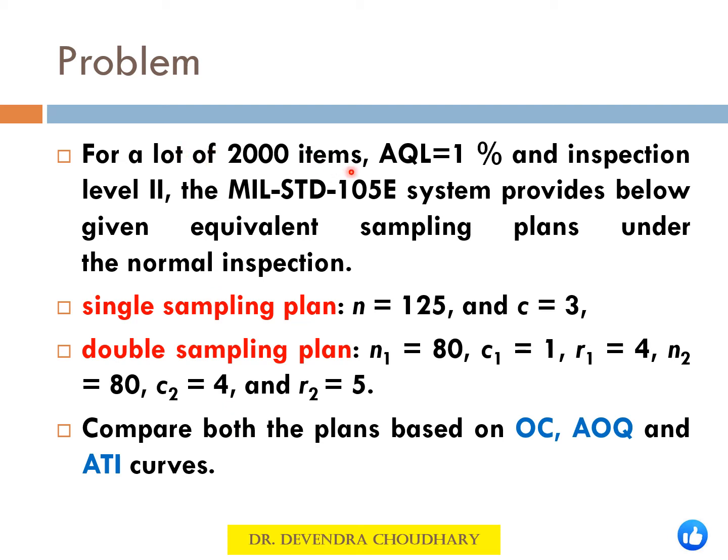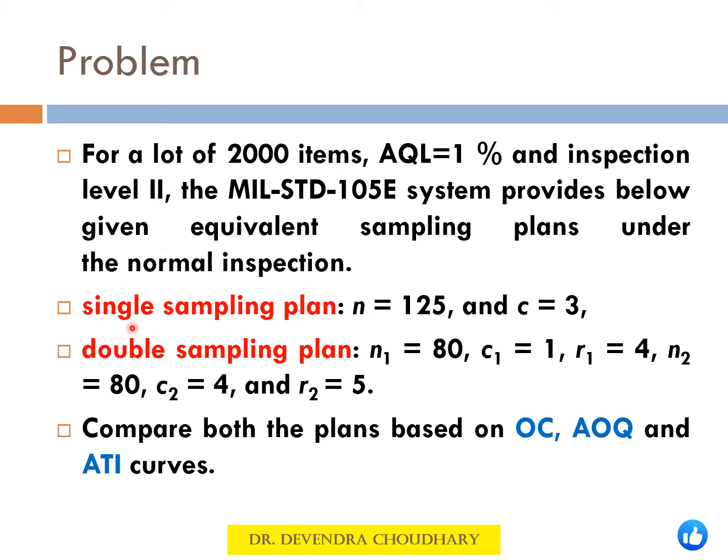For a lot of 2000 items where AQL is 1% and inspection level II, the Military Standard 105 system, which we discussed in previous sessions, provides the following equivalent sampling plans.